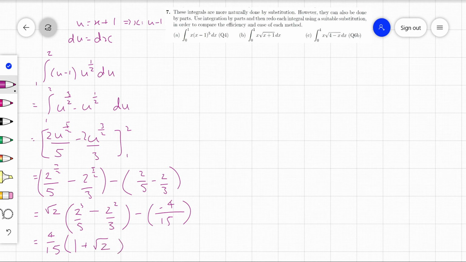All right. So let's look at doing it using integration by parts. So what we could do is, so again, just make sure you're integrating the right part. So we're going to integrate the x plus 1 to a half. So x plus 1, add 1 to a half, and we get 3 on 2 divided by 3 on 2.